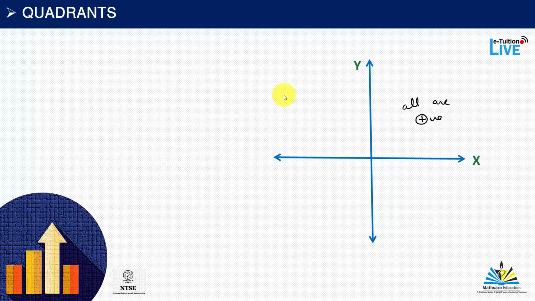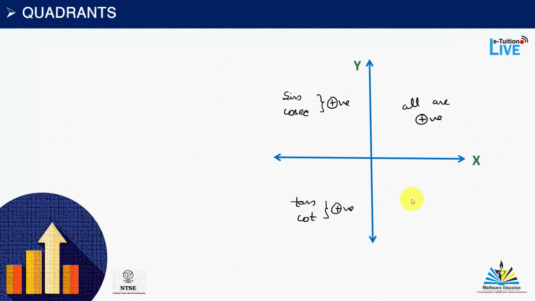In the second quadrant, only sine and cosec are positive and the rest are negative. In the third quadrant, tan and cot are positive and the rest are negative.